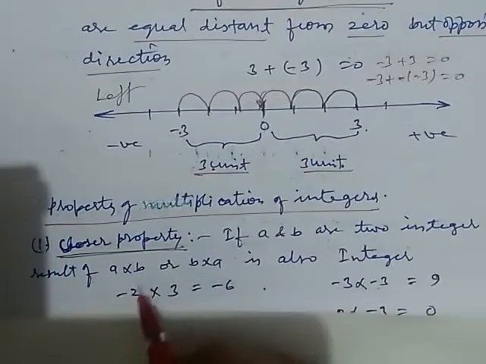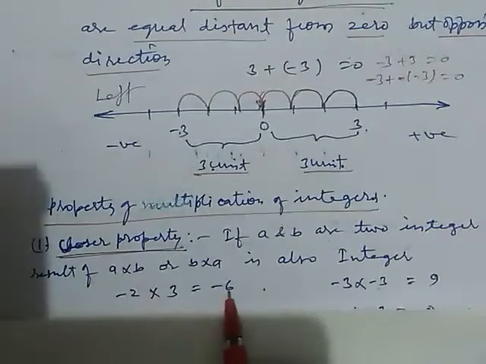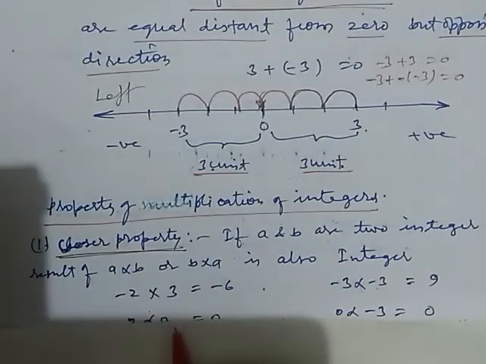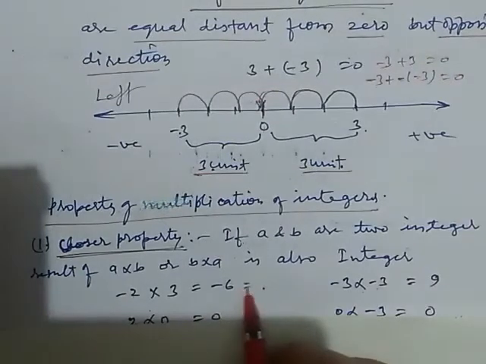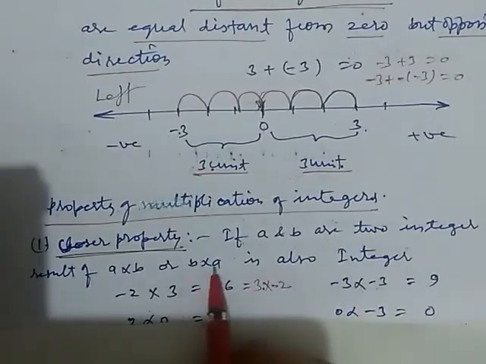Now we check. Here a equal to minus 2, b equal to 3. So minus 6 is a into b. This can be written as 3 into minus 2, so b into a is also minus 6.